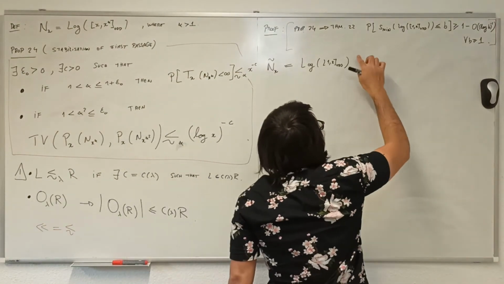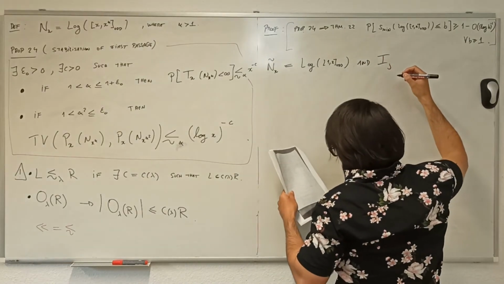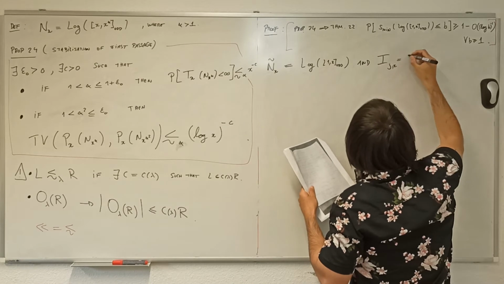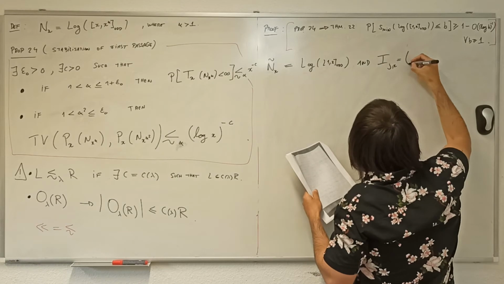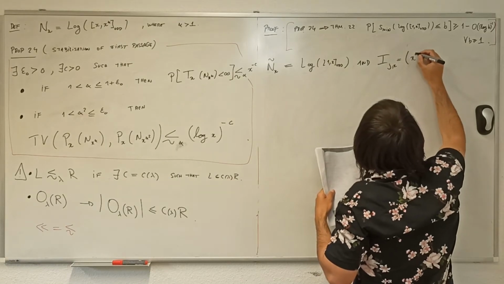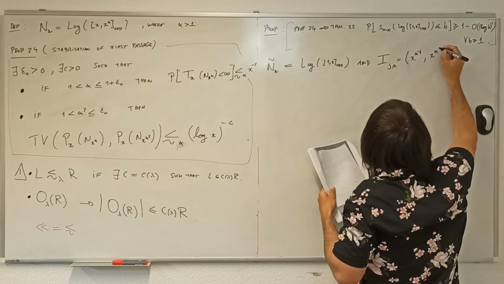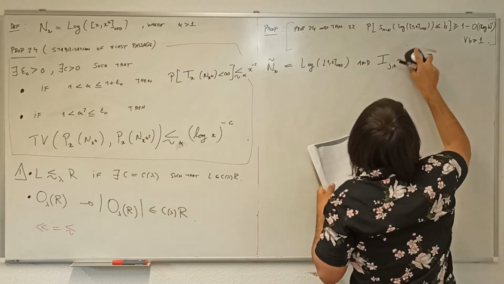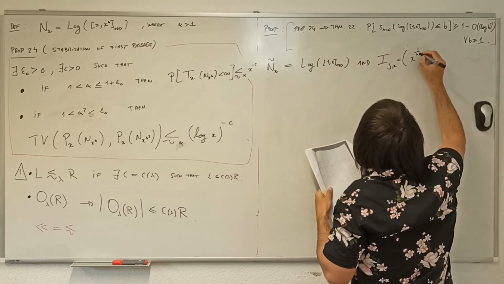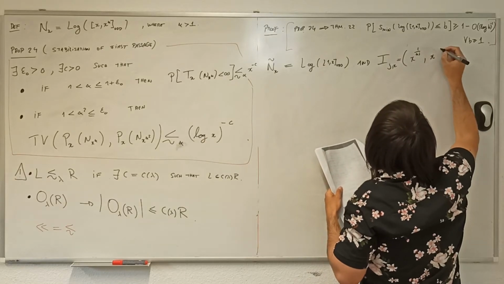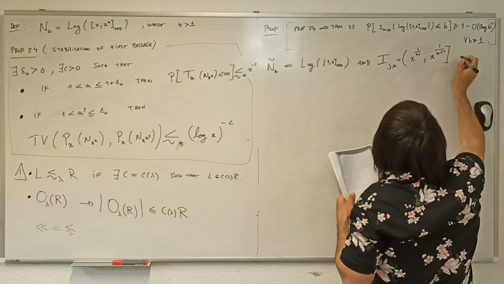And then let me define these intervals here, I_j(x). To be completely rigorous, I should put an open interval here: x to the alpha to the minus j, and x to, to be very clear, x to 1 over alpha to the j, and something larger, which would be x to 1 over alpha to the j minus 1, and close.